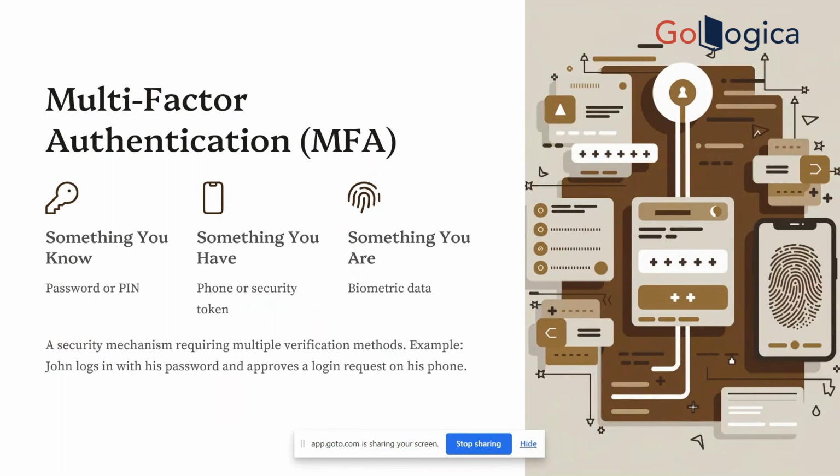Okay, it is a security mechanism that requires multiple verification methods, like 2, 3, 4. So however many the organization sets up for you, that comes under the multi-factor side. For example, John logs in with his password and approves a login request on his phone.